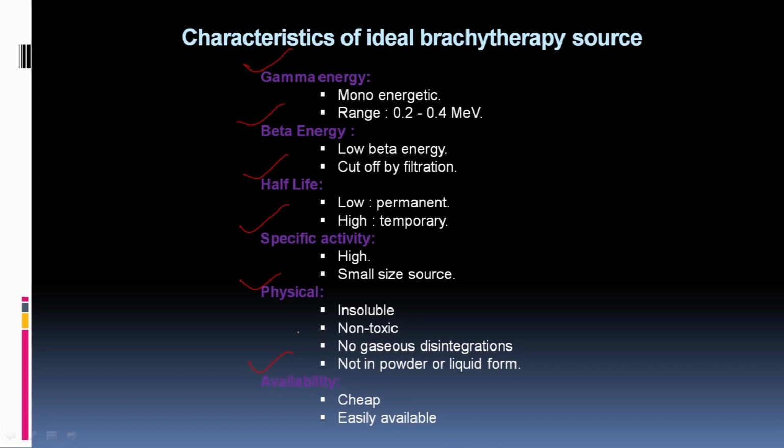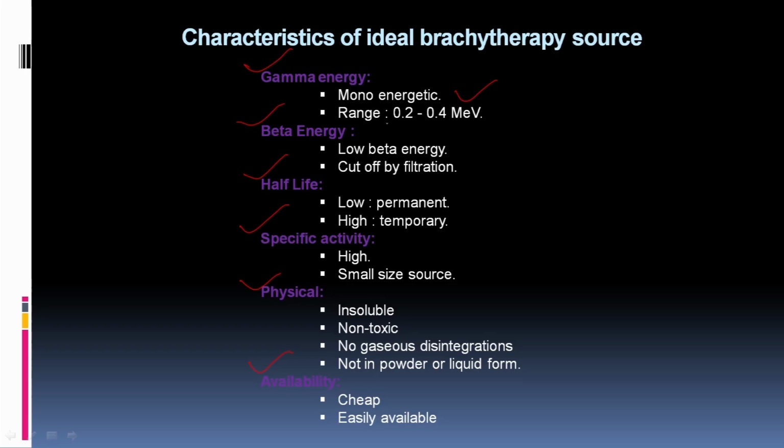Now, gamma energy should ideally be monoenergetic from this ideal brachytherapy source. But the range of the gamma energy should be 0.2 to 0.4 mega electron volt.